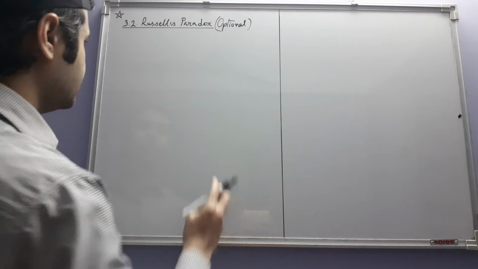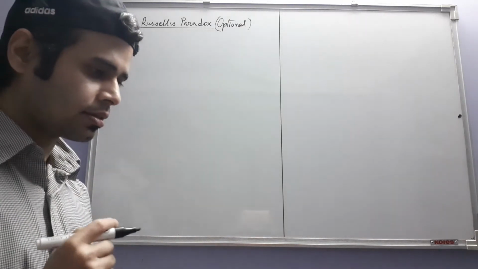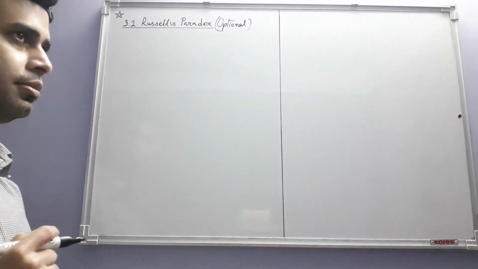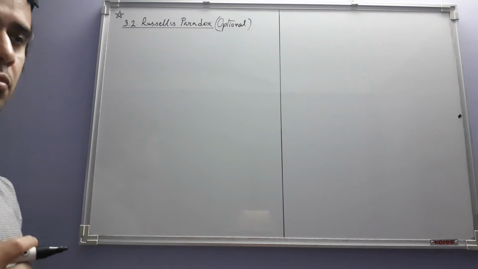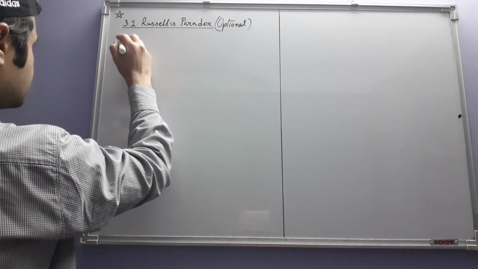It starts like this. In the previous section we have seen 7 axioms, right? And many of them have a similar flavor. So let's start by writing some lines.